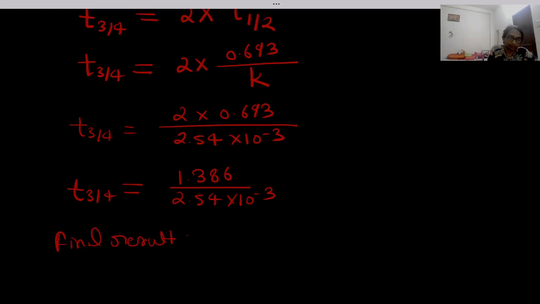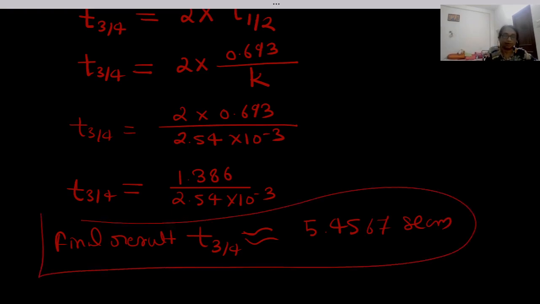Solving the above values, we get the 3/4 life period, approximately 545.67 seconds.